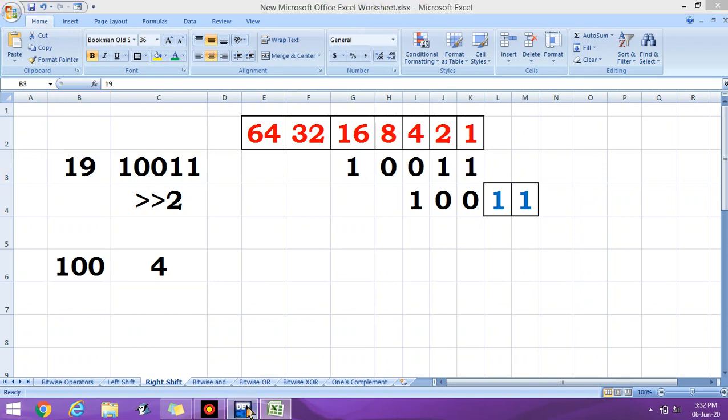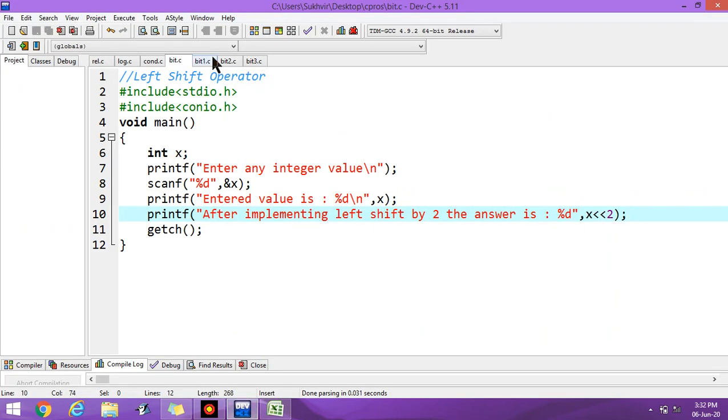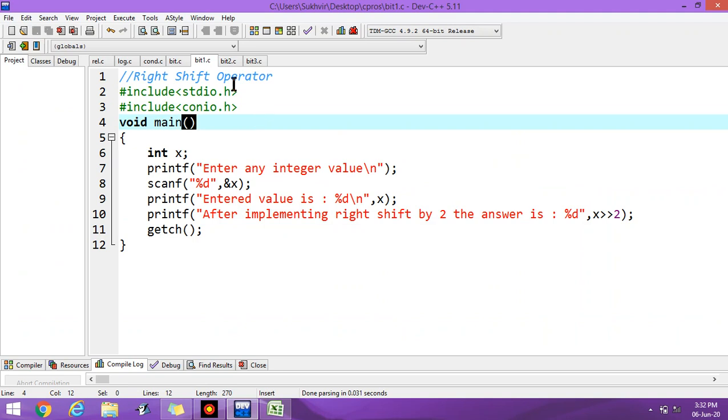Let us try this by using a C program. Again, you have to write the header files in the first step, then a declaration of one integer value, enter any integer value, then using scanf you can enter the value, and display the value entered by the user.